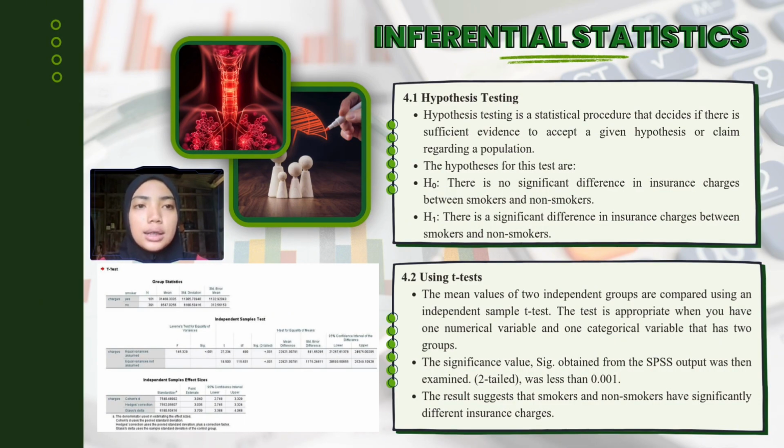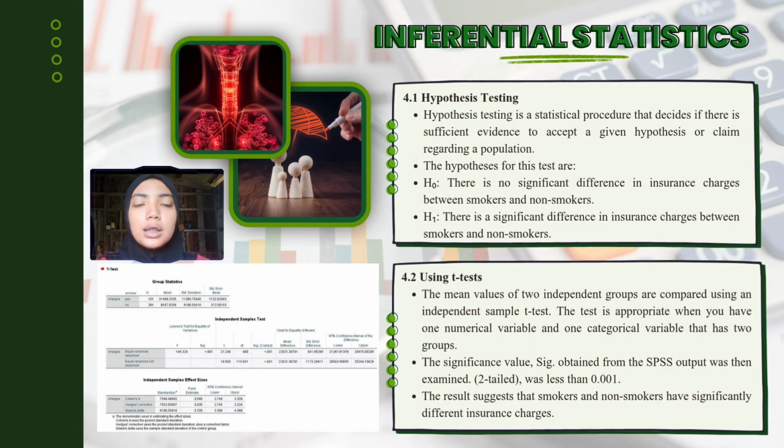4.2 Using t-test. For section 4.2, an independent sample t-test was used to compare the mean insurance charge between two independent groups, which are smokers and non-smokers. This test is suitable because the study involved one numerical variable, which is insurance charge, and one categorical variable with two groups, which is smoking status.